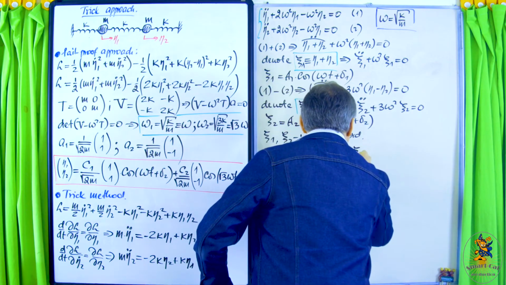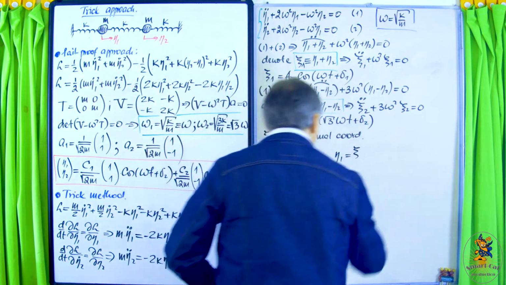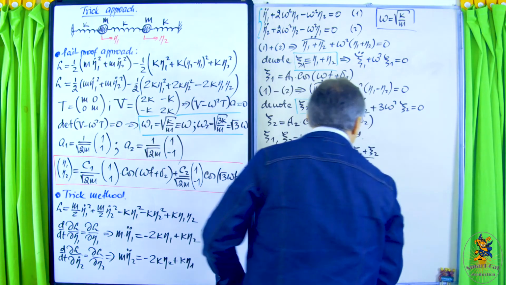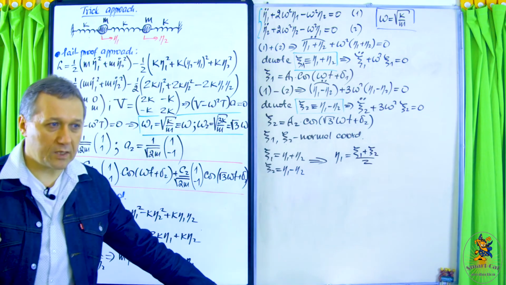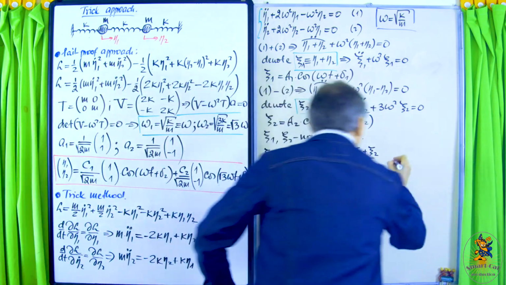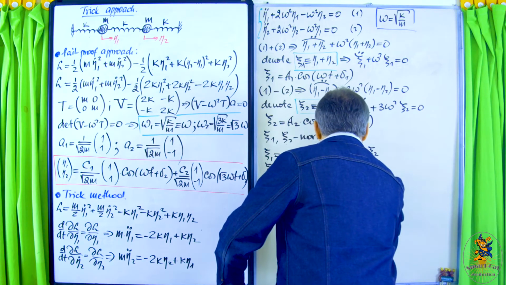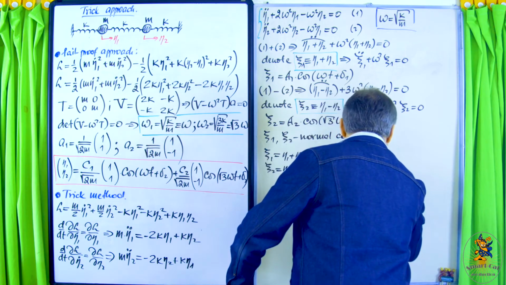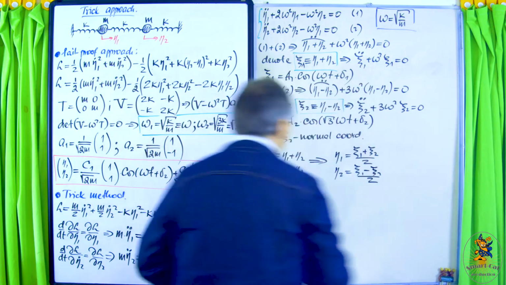Now, if we want to go back, you can easily do it. It will be psi1 plus psi2, divided by 2. That's how you can reconstruct eta 1, and you can reconstruct eta 2 as the difference, psi1 minus psi2, divided by 2.